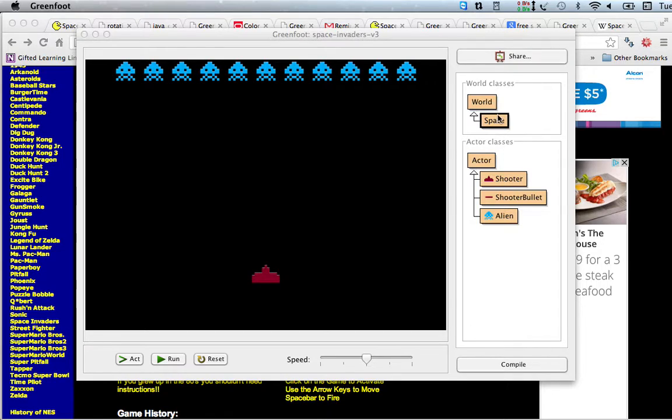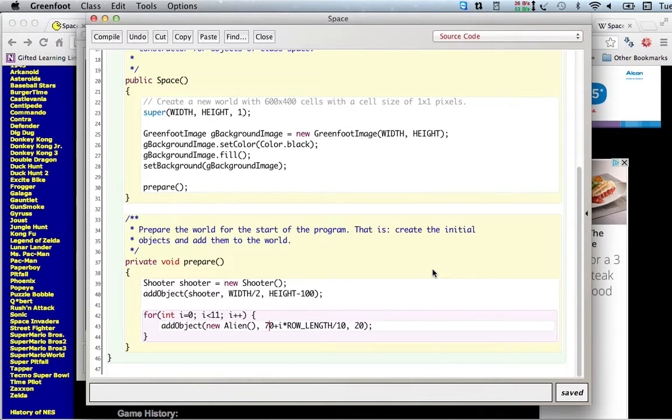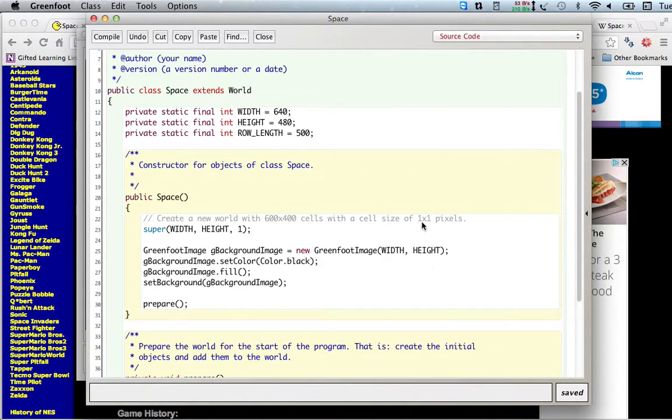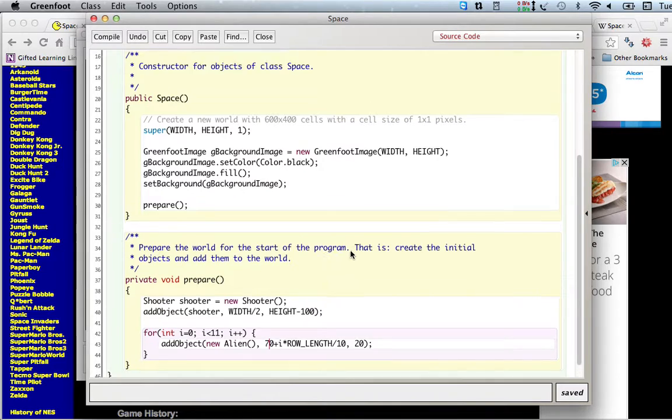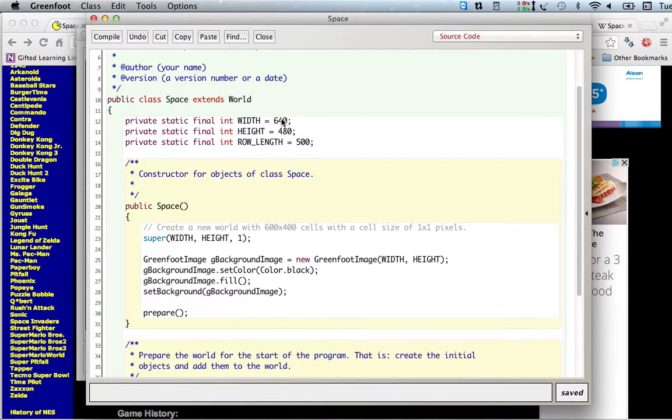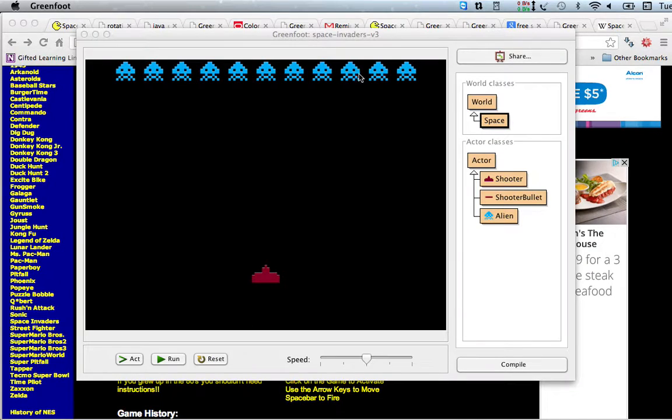But now let's think, because we might want to change the row length or change the width at some point. So let's think exactly where that 70 came from. What we did was we subtracted the width minus the row length, right, which gave us 140.